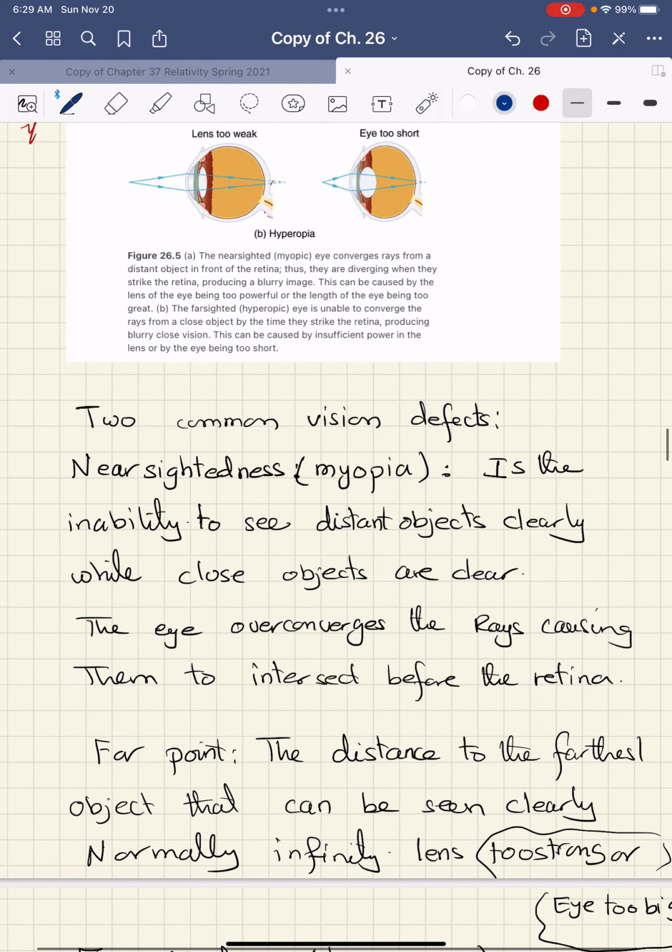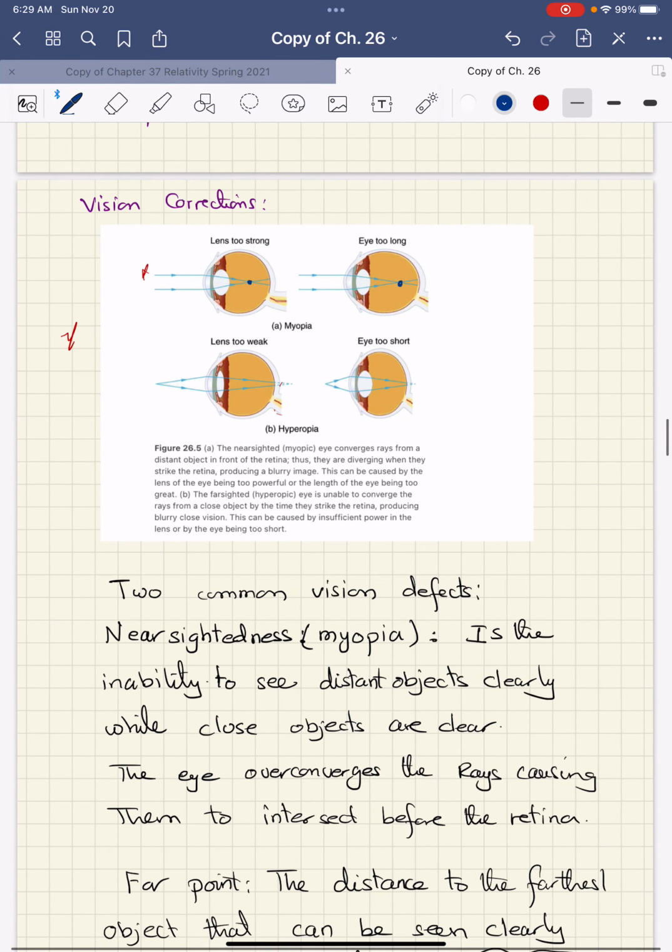When nearsighted, people have the inability to see far or distant objects, while they are able to see close objects clearly. I will say the eye converges the rays very early.